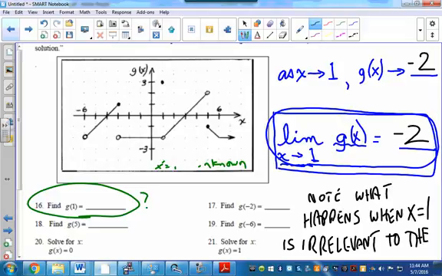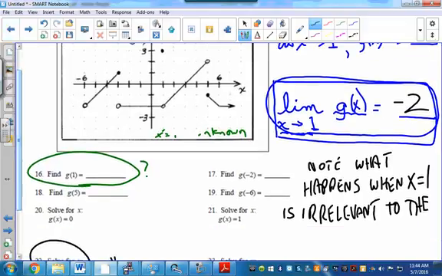We don't care what happens when x is equal to 1. For the limit problem, it's only what happens when x gets close to 1. Okay, that's the main idea. Let me try another limit problem. This time I'm going to get close to 5.